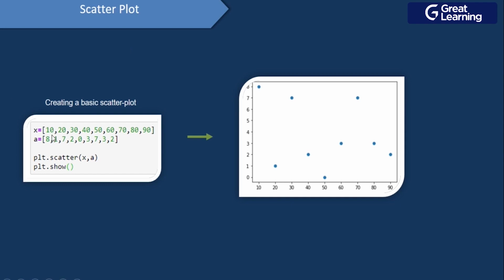Then we'll have the next list A, which comprises some random elements. And here you'd have to keep in mind that both of the lists have the same number of elements, else there'll be an error. And to create a scatter plot, we'll just use plt.scatter. We'll pass this over here, we'll pass this over here as a second parameter, and then we'll just show off the result.